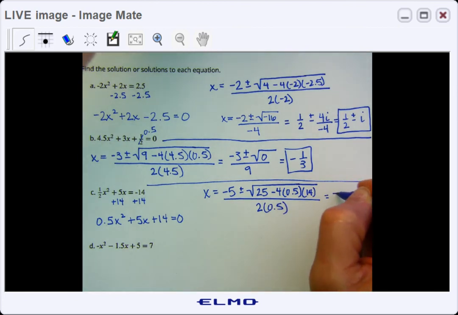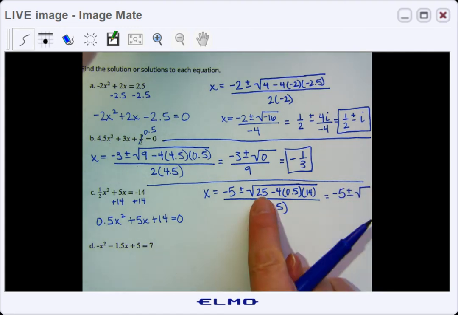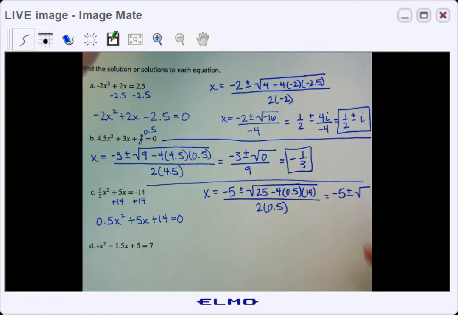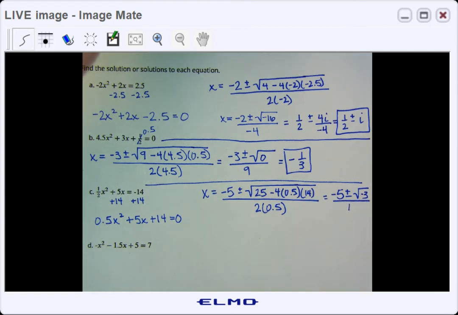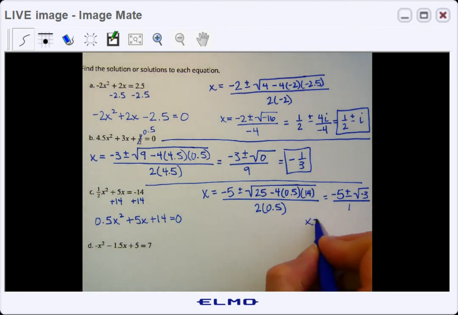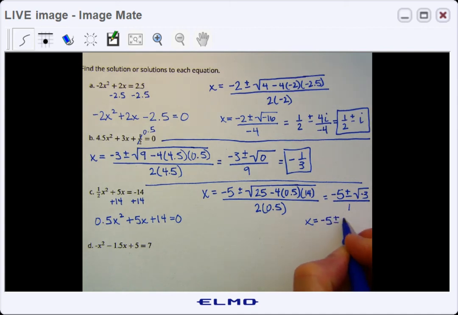So that's equal to -5 plus or minus the square root of 25 minus 4 times 0.5 times 14, which is equal to -3 altogether. And then 2 times 0.5 is equal to 1, and so I'm just dividing by 1. So my final answer here is x equals -5 plus or minus i root 3. Okay, the i comes out because of the -3, but the 3 stays under because it's not a perfect square.